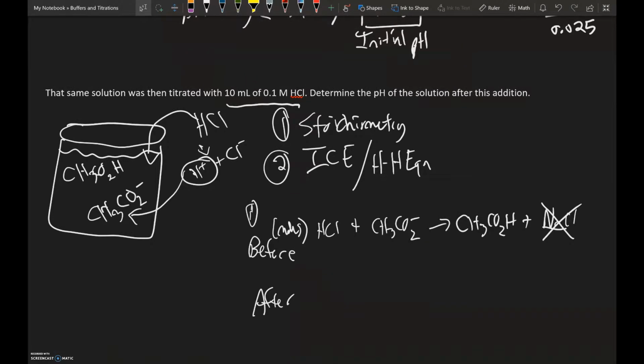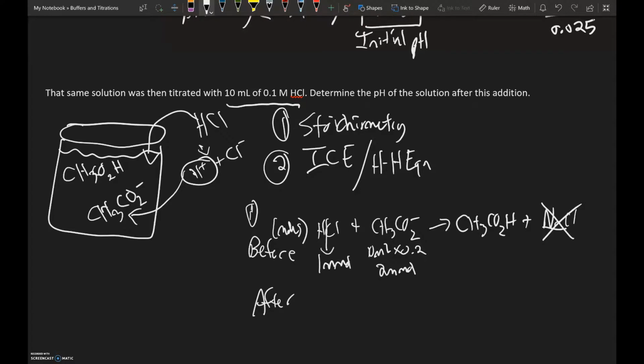So we're going to take 10 mL times 0.2 molar, and that gives me 2 millimoles. Whenever you don't convert into liters, and you do milliliters times molar, that gives you just millimoles. We're going to do the same thing with the HCl. So 10 times 0.1 gives me 1 millimole.